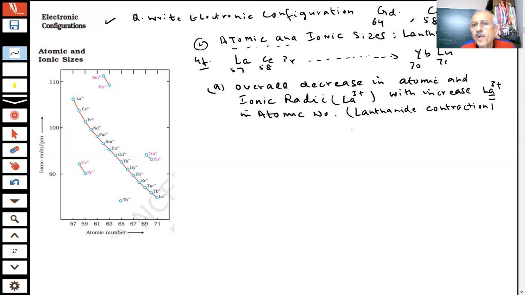So this is an important point, student, because due to the small decrease, the separation of these elements becomes possible. Otherwise, it is not possible to separate them.